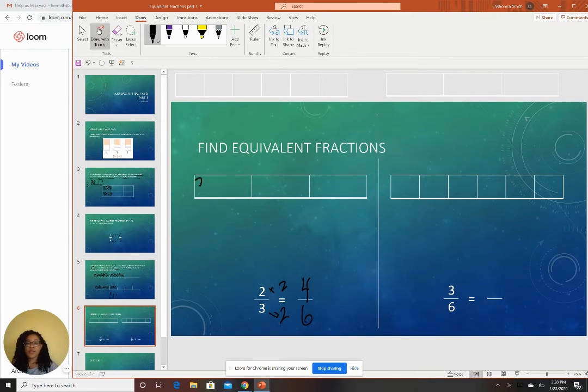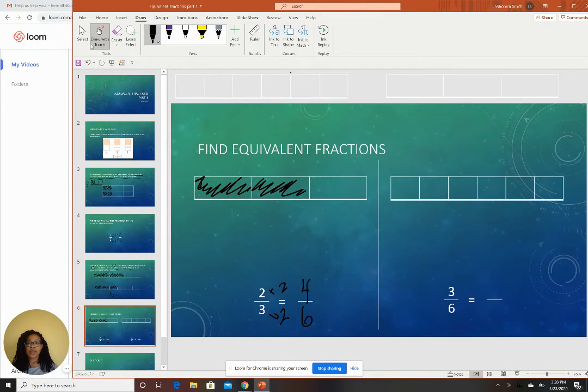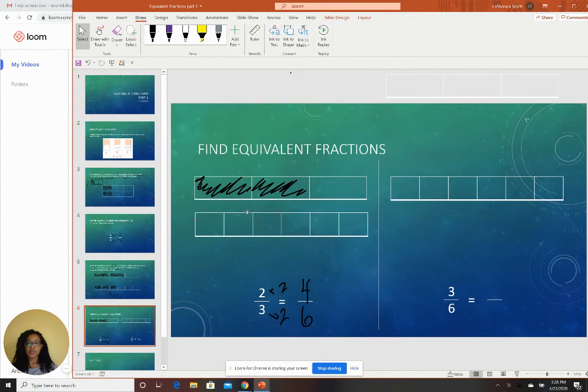So before we have 2/3, and now we're going to color in 4/6 and see if it's the same. Okay, so here's our 4/6, and let's color it in. 1, 2, 3, 4. Is it the same? Sure is. Those are equivalent fractions.